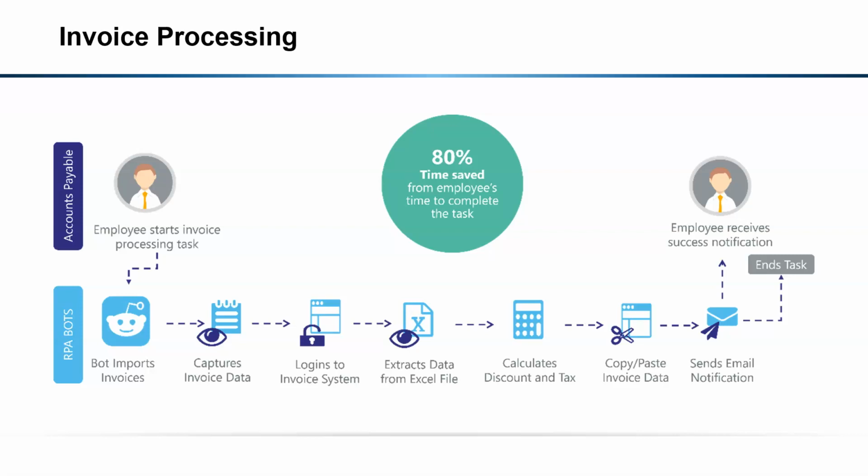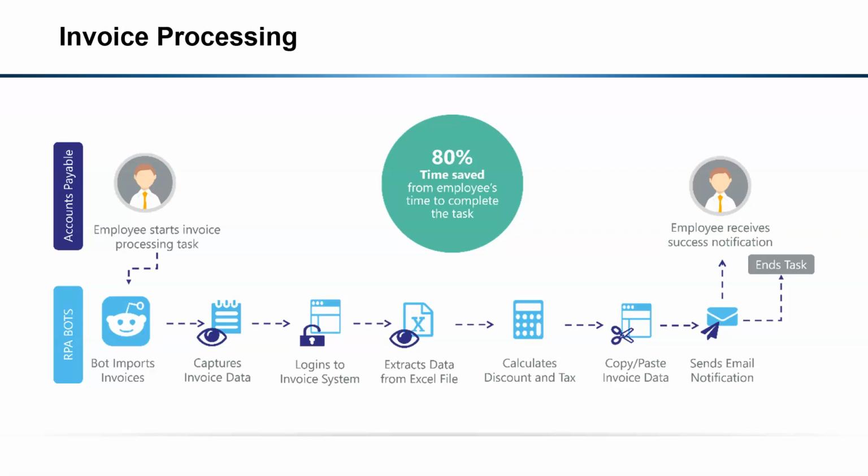And then they have to validate: did we get the promised goods or services? So you're looking at the purchase order amount, the services or goods we received, and the amount the vendor is invoicing. By looking at all those three, you validate, and then this person may send this to the accounts payable department to issue a check to the vendor. But many of the tasks in this process can be automated.